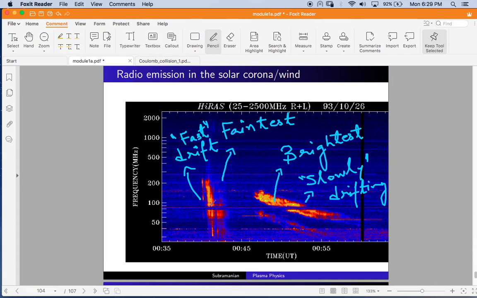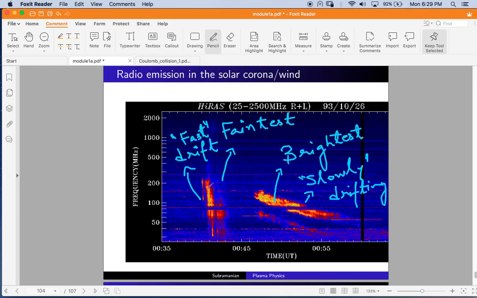If you map the density to a model of the solar atmosphere, you can map the density to distance. Okay, and the frequency can be mapped to the density, which can be mapped to the distance. So indirectly, this y-axis can be mapped to distance or height in the solar corona, and the x-axis is time anyway.